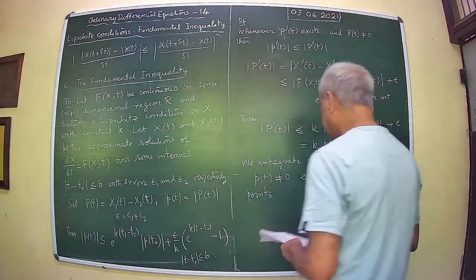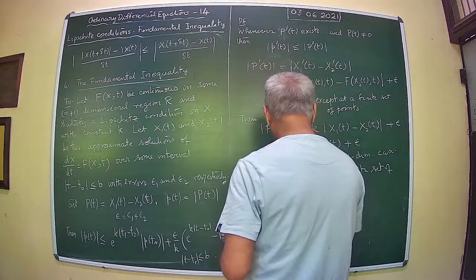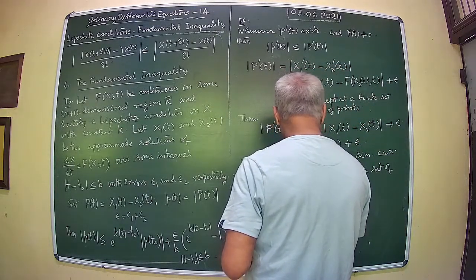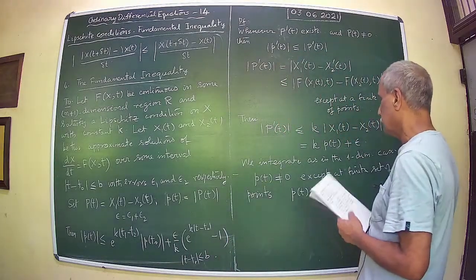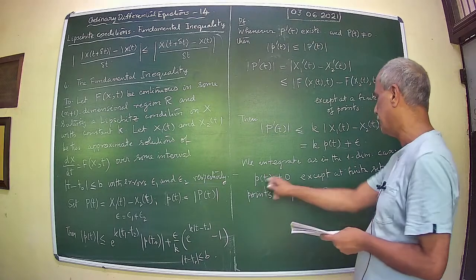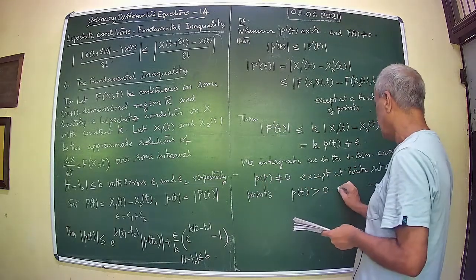Further simplification is that pt is always greater than 0. That advantage is there because pt is not equal to 0 except at finitely many points.